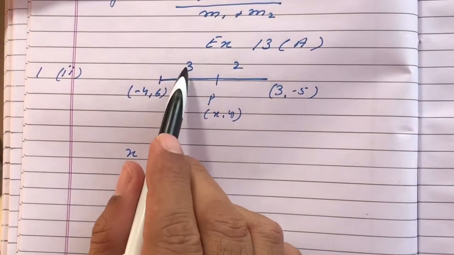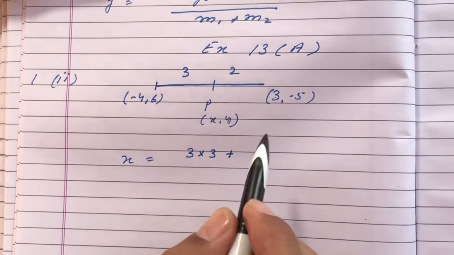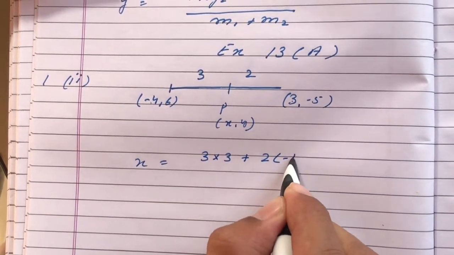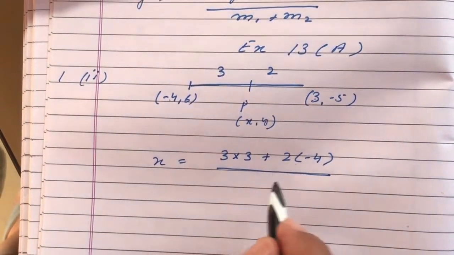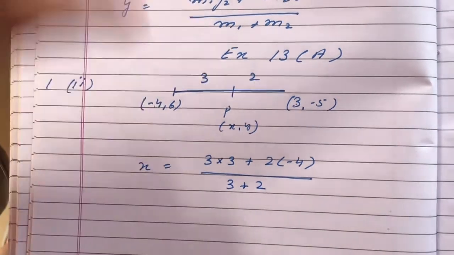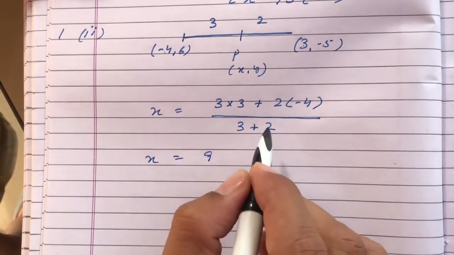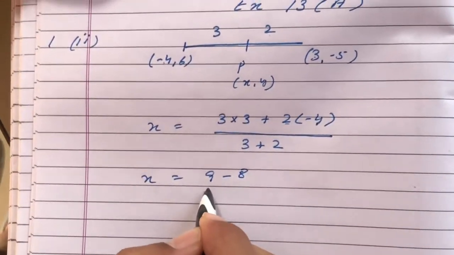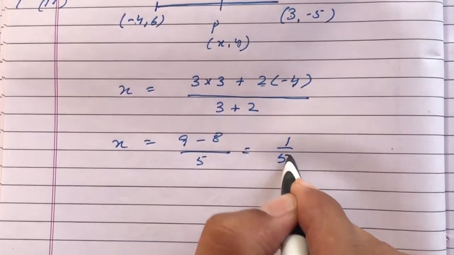So x is m1 x2, 3 into 3, plus m2 x1, 2 into minus 4, upon m1 plus m2. So x is 3 into 3, 9, 2 into minus 4, minus 8, 3 plus 2, 5, so 1 upon 5.